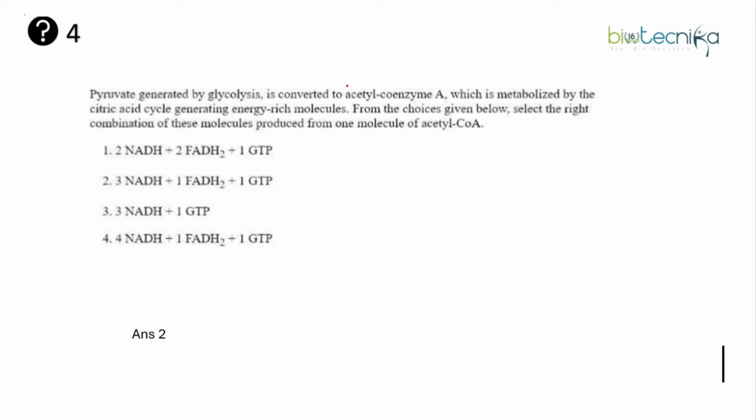In the process, it is broken down to acetyl CoA, and that is entering the citric acid cycle. So, can someone tell me where NADH is used, where FADH2 is used? Just the steps. Let's see who can tell me this.